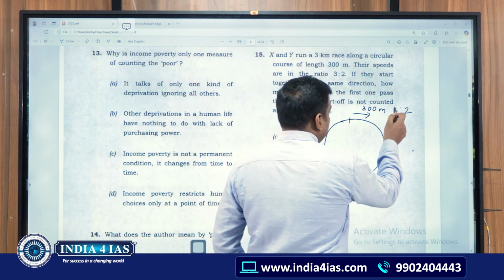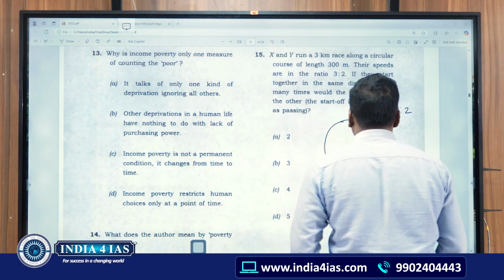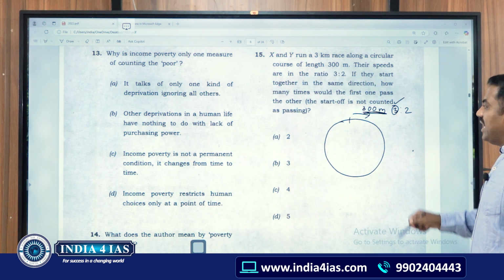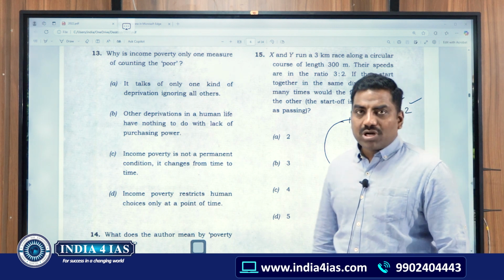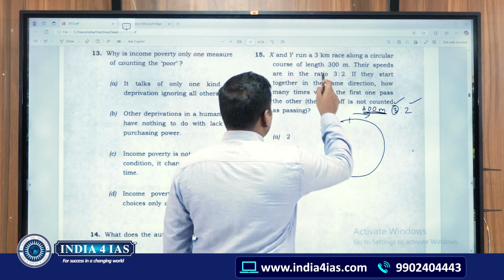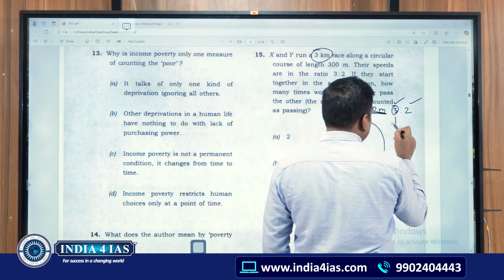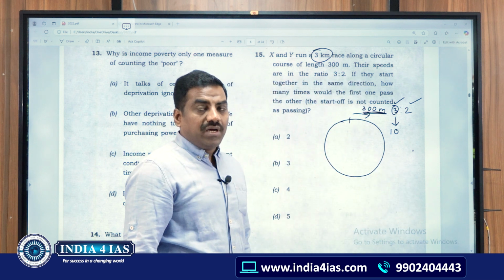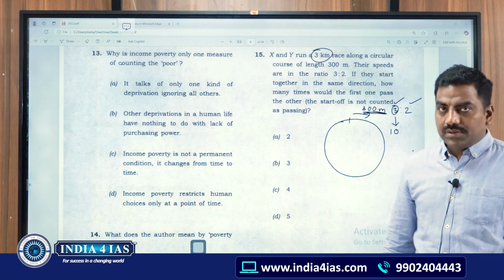For this person to cover 300 meters, when he finishes one round, the other might not have finished. But to cover 3 kilometers, the first person has to make 10 rounds.